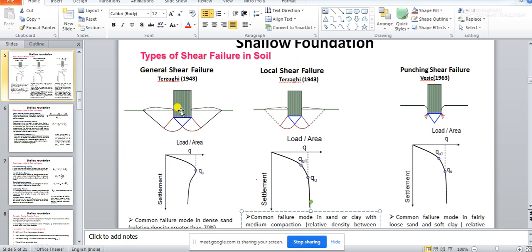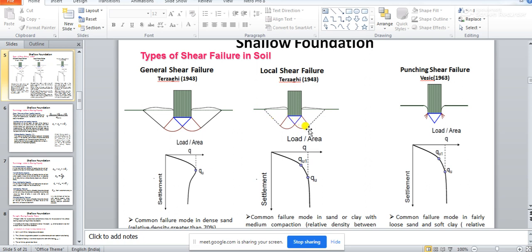In case of general shear failure, you can observe three prominent zones: zone 1, zone 2, zone 3. This triangular zone is zone 1, this spiral shear zone is zone 2, and this is zone 3. And then there is bulging of the surface, whereas in case of local shear failure you get only two prominent zones, zone 1 and zone 2.